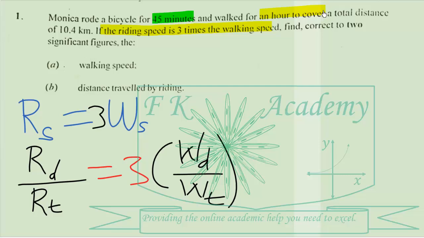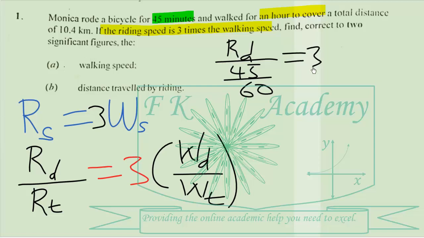So we have our riding distance over the riding time, which is 45 minutes converted to hours, with 45 divided by 60, is equal to 3 times the walking distance, WD, over the walking time, which is 1 hour.